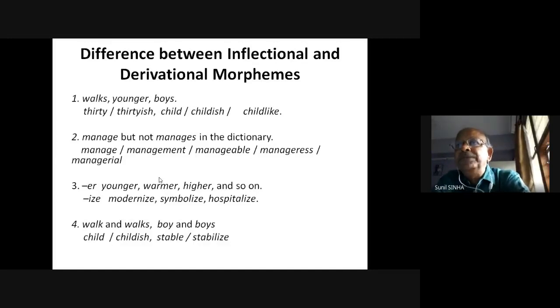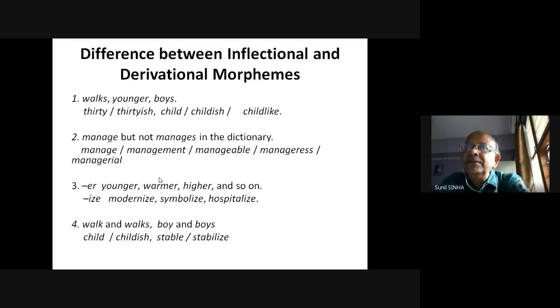Stable is an adjective, stabilize is a verb. So the part of speech of the word changes. So that is one very big difference between inflectional morpheme and derivational morpheme. An inflectional morpheme does not change the part of speech of a word, whereas a derivational morpheme may change the part of speech of a word.